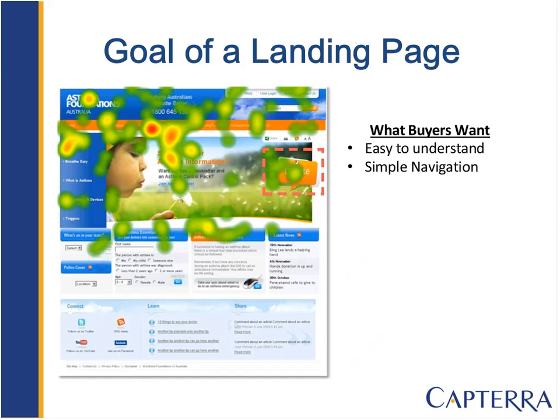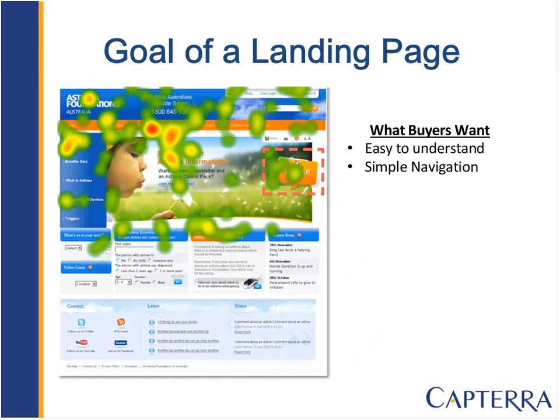So before we get into the how of doing this on your website, I want to change our mindset a little bit and get into the perspective of a buyer that's coming to your website and really discuss what buyers want from a website. When they come to a website, they really want something that's easy to understand with simple navigation. You'll notice on this slide I have an image of a heat map.